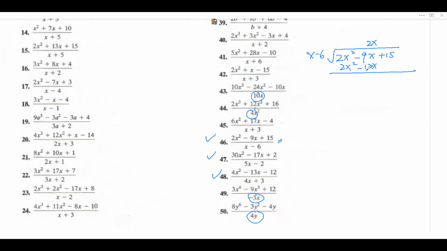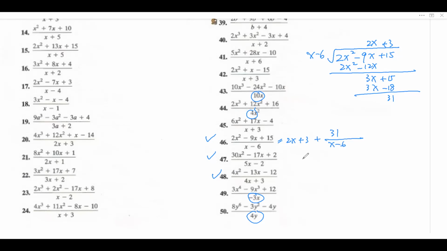So you guys know where the negative 12x come from, right? So you can get 3x plus 15, so you get 3x minus 18, here is 31, right? So here equals 2x plus 3 plus 31 over x minus 6.